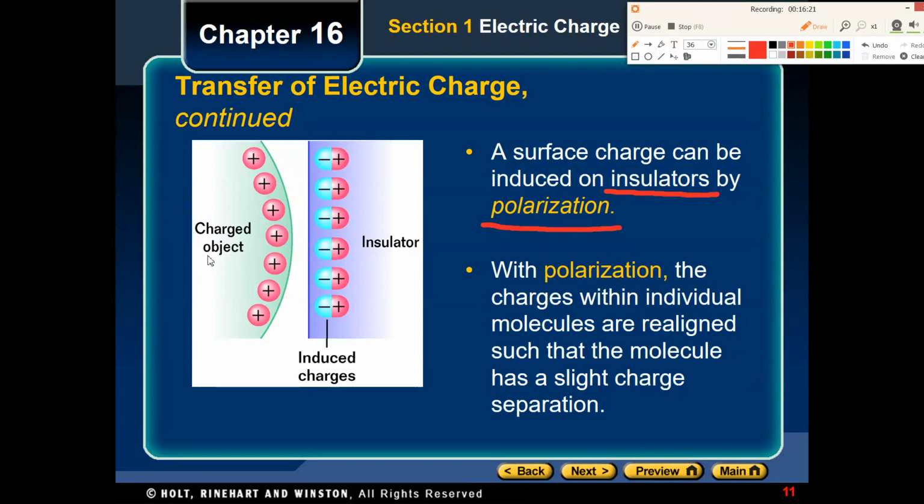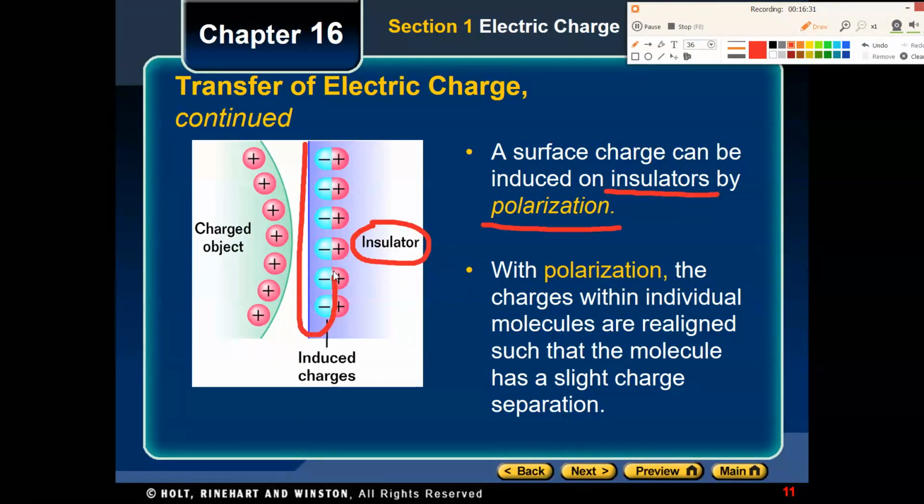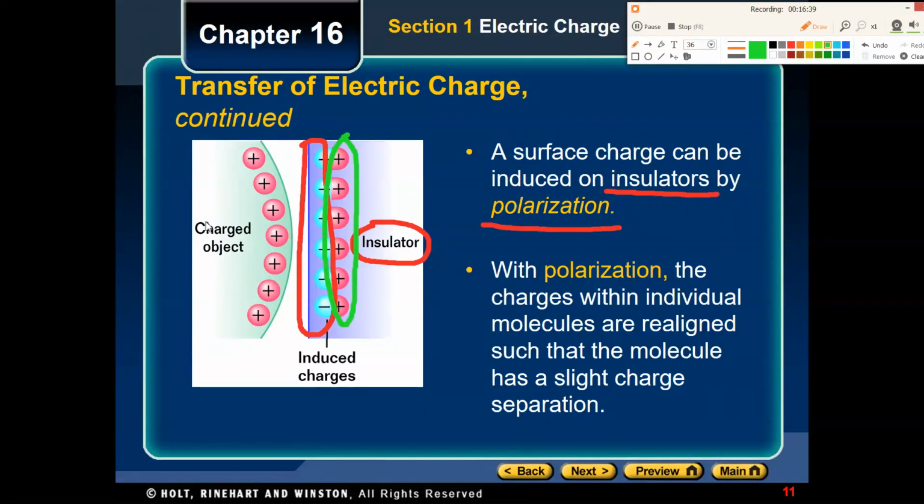It's kind of similar if you bring a charged particle closer to an insulator. A positive charge is going to attract negative charge at one side of the insulator, and the positive charge aligns on the other side, further away from the positively charged object. This is called polarization.